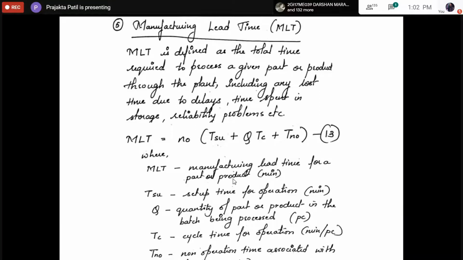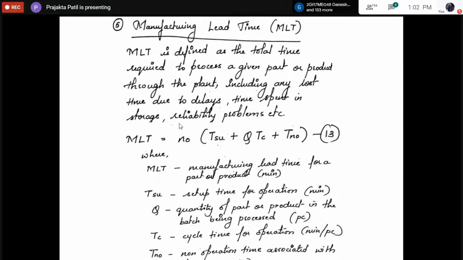I have missed out to mention what is N naught here. In this equation, I have specified what is MLT, I have specified what is TSU, Q, TC, and TNO, but I think I missed out what is N naught.